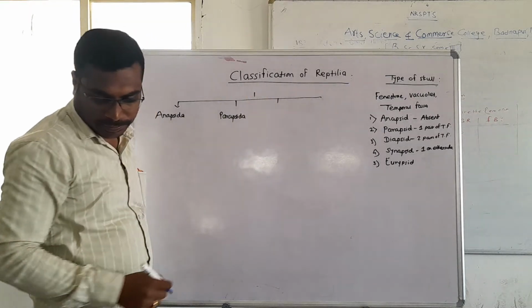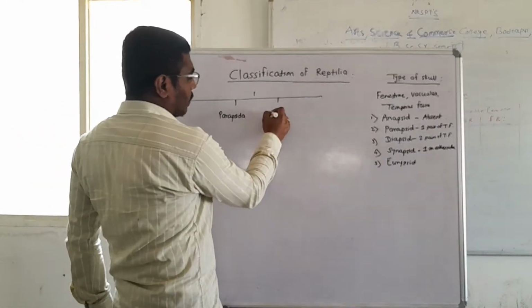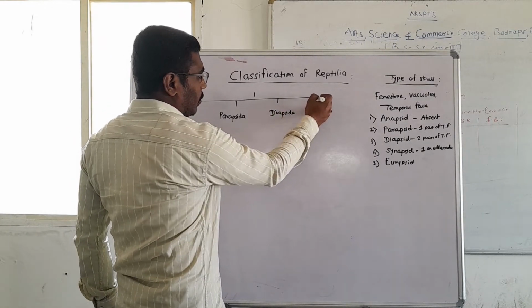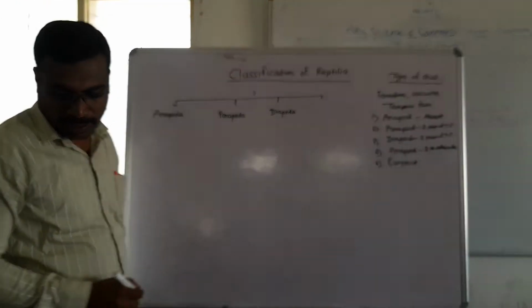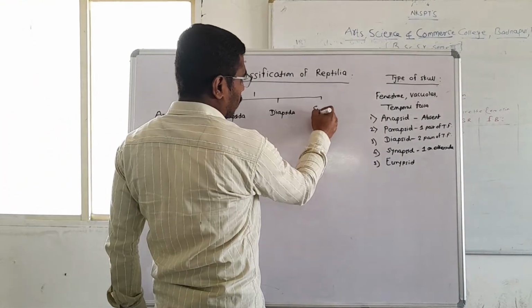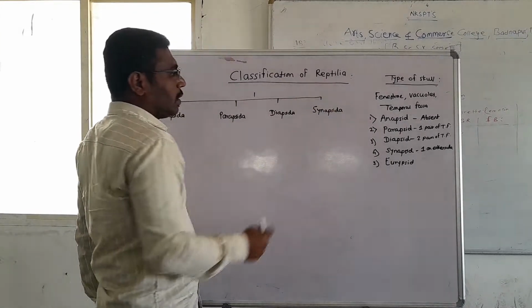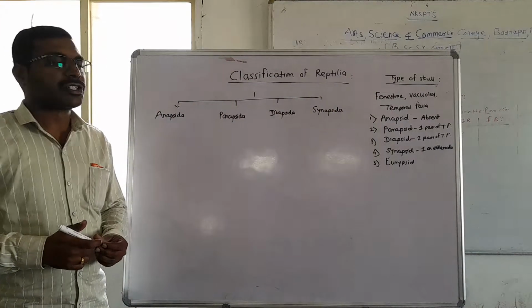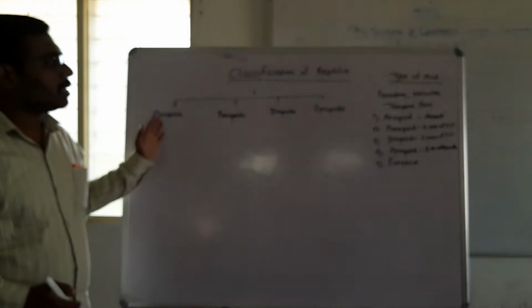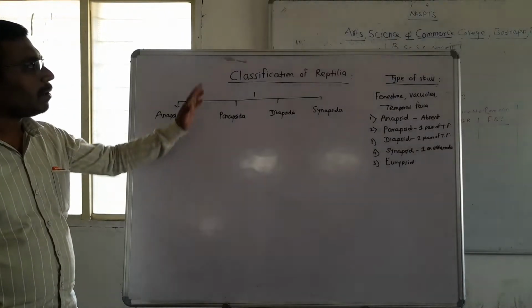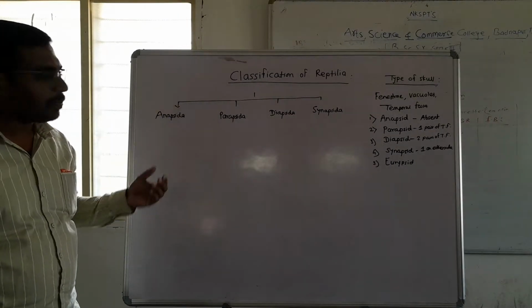Then third is Diapsida. And fourth is Synapsida. In our undergraduate study, we will study only these 4 orders of class Reptilia.